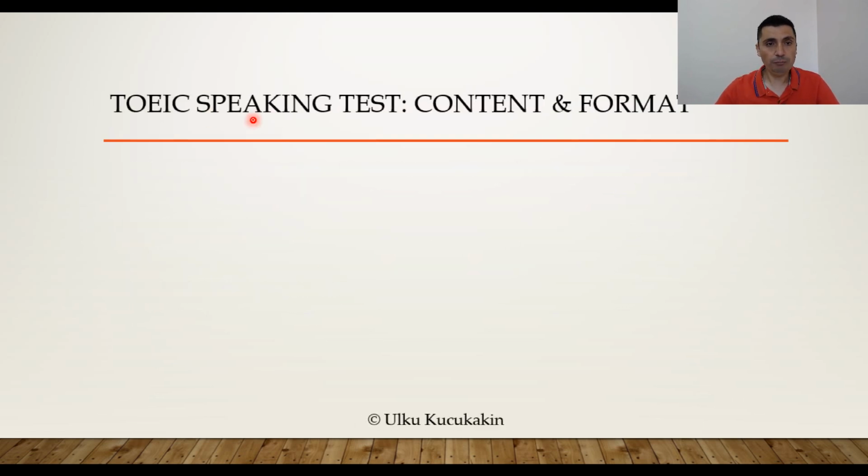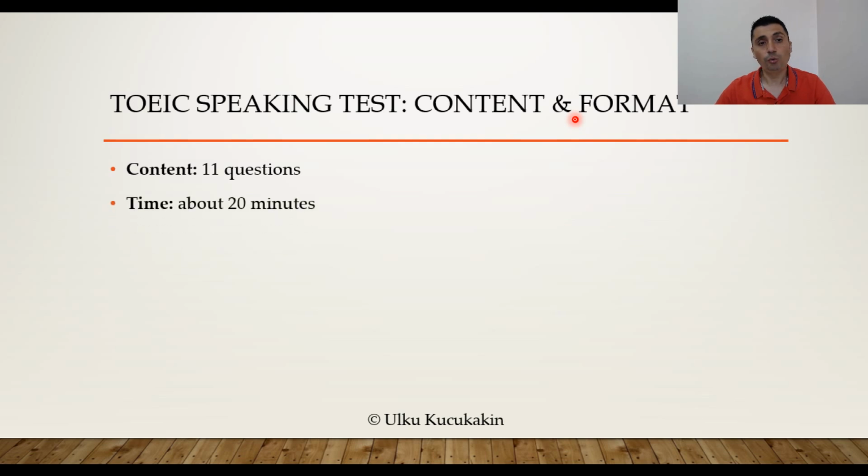Now, when we come to the TOEIC speaking test content and format, you will see that the speaking test actually has 11 questions, which take about 20 minutes to complete. And you will be given a score between 0 to 200 from these 11 questions.